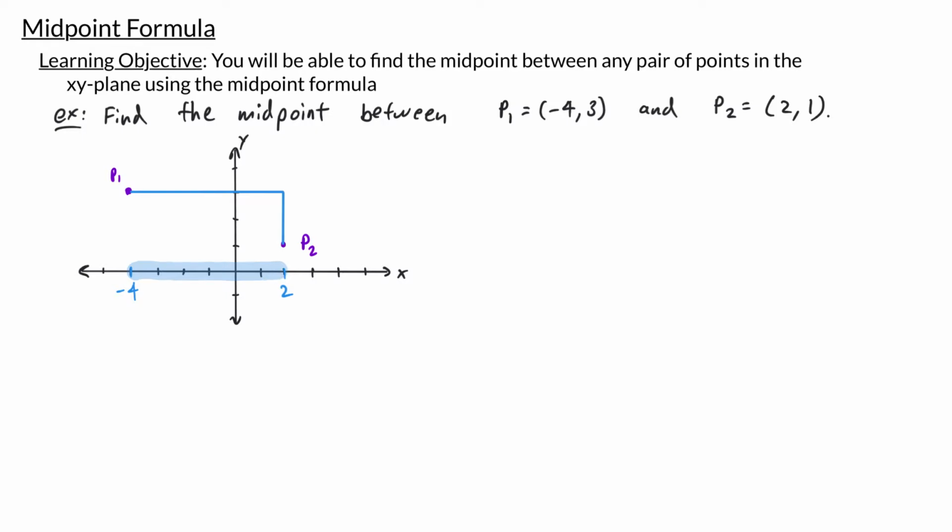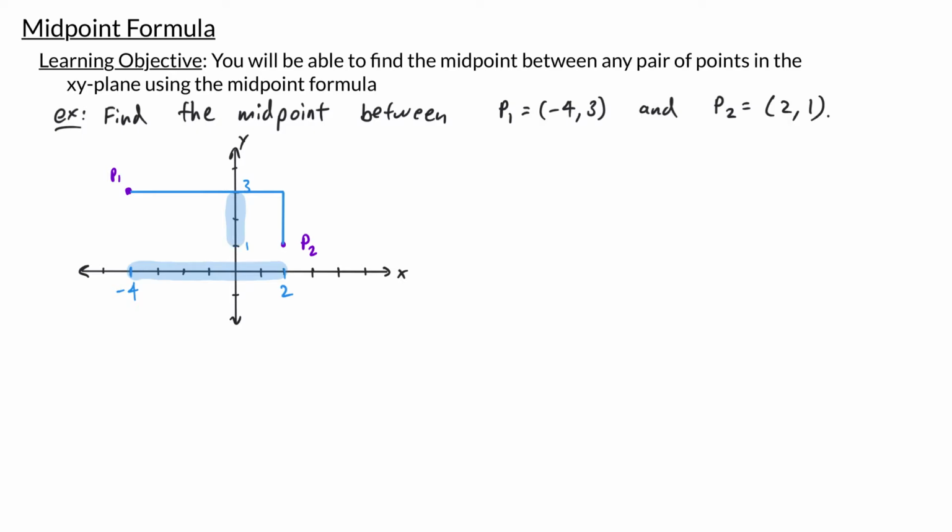And that distance is 6. To figure out how far we have to traverse vertically, we look at the y-coordinates. P1 has y-coordinate 3 and P2 has y-coordinate 1. So we went from 3 to 1, which means that our vertical distance is 2 units down.